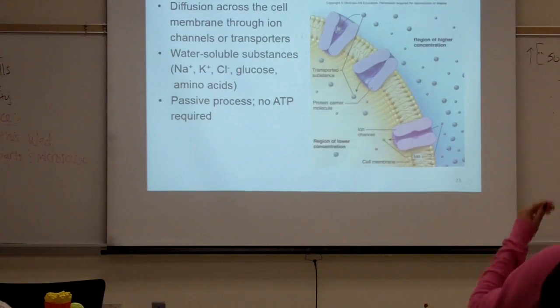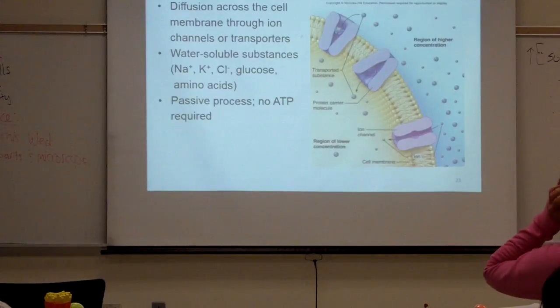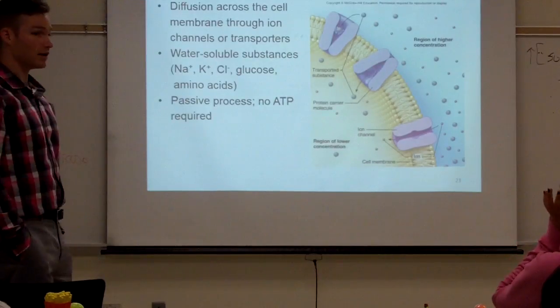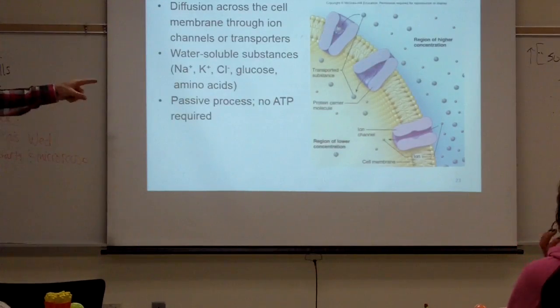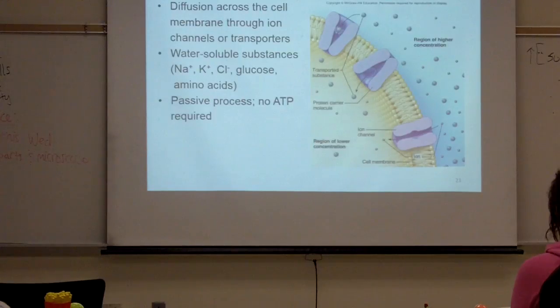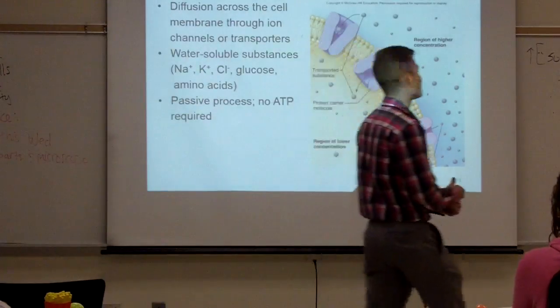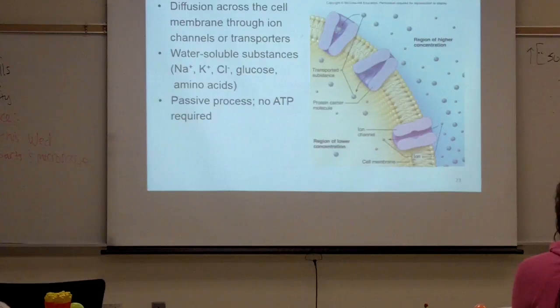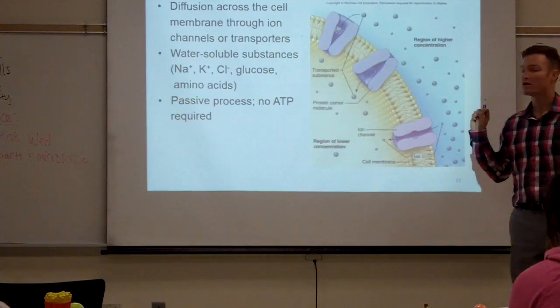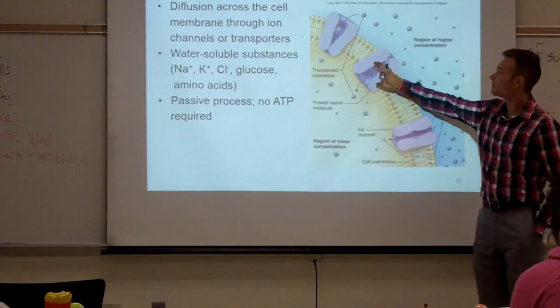Since glucose is water soluble and not fat soluble, it's on a special list. This is an important list. Since none of these substances, sodium, potassium, chloride, glucose, amino acids, are fat soluble, they are going to need help crossing the membrane. So they need channels.